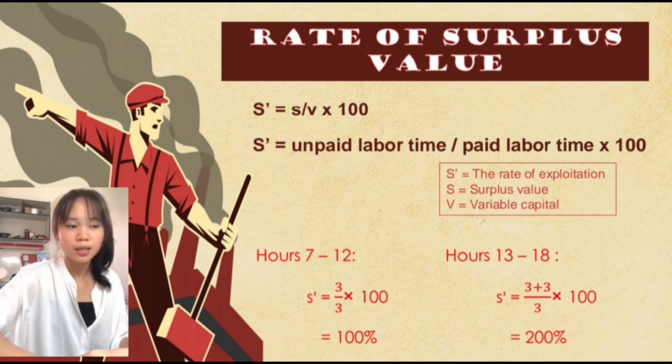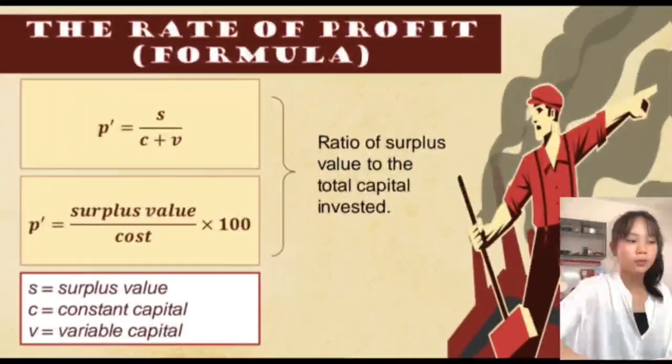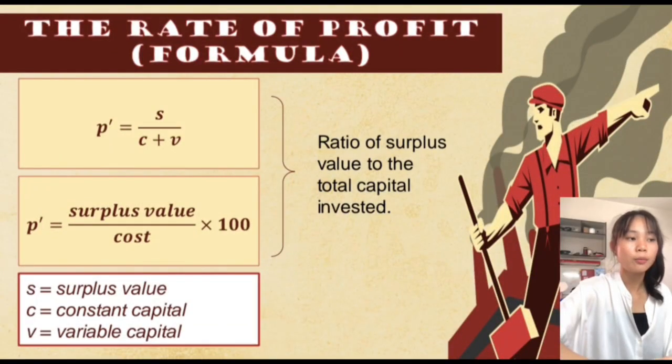Another example: if the worker is forced to work again for 6 additional hours, from 13 to 18 hours, then 3 plus 3 divided by 3 times 100 equals 200%.